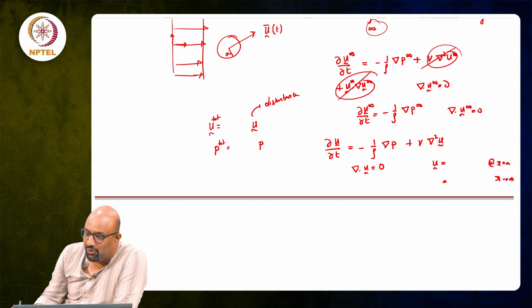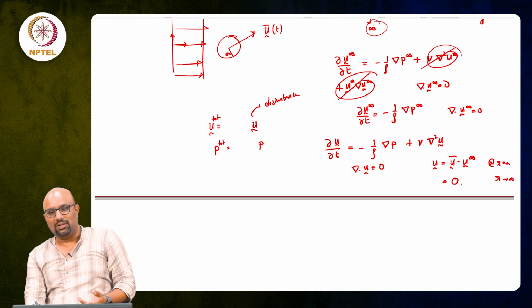In the uniform flow reference frame, perfect. And what is it at infinity? Zero, right? In the reference frame moving with the uniform flow, u is equal to 0. So, that is your boundary condition. These are the equations which you need to solve.